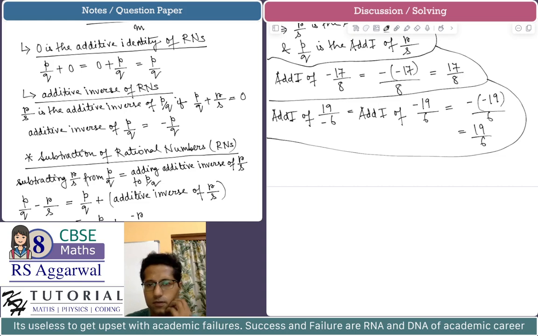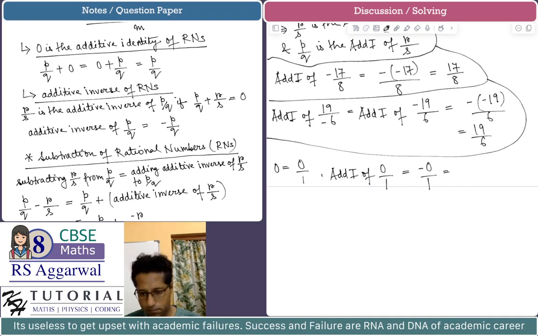One more important thing, please note that the only number which is equal to its additive inverse is 0, because 0 is equal to 0 by 1, and the additive inverse of 0 by 1 will be equal to, you just take the negative of the numerator, that is minus 0 by 1.